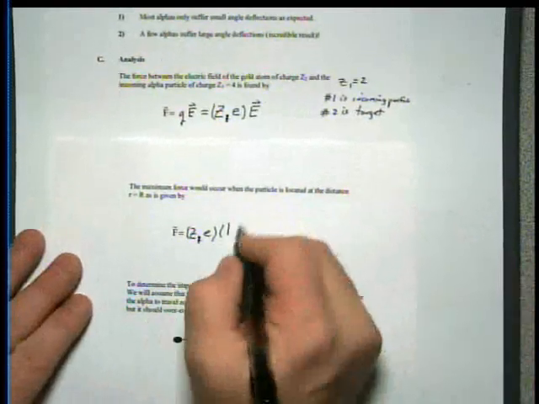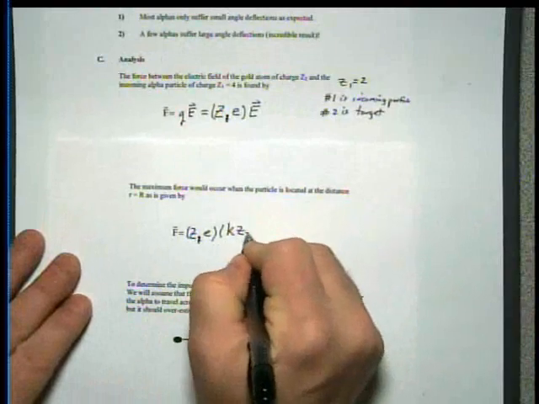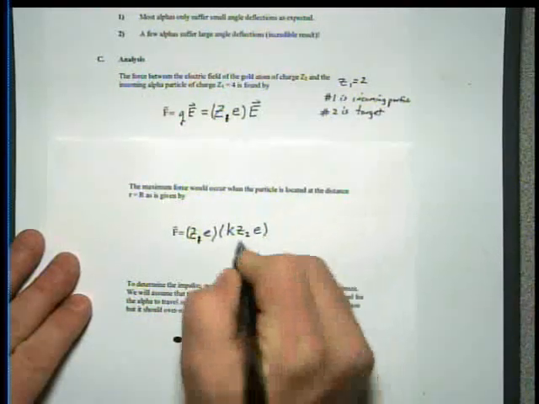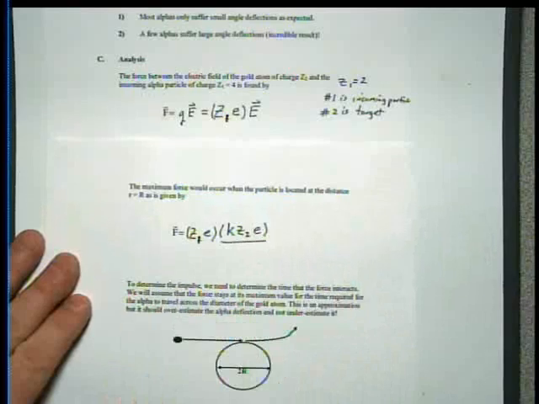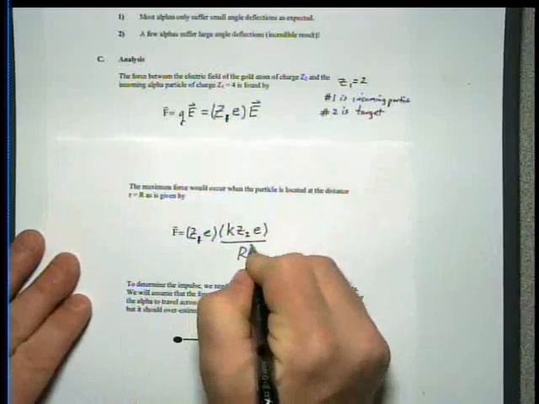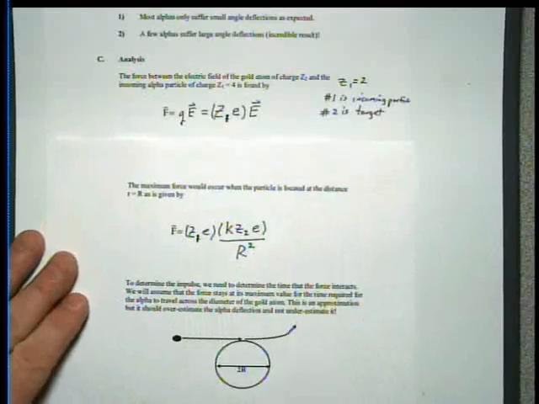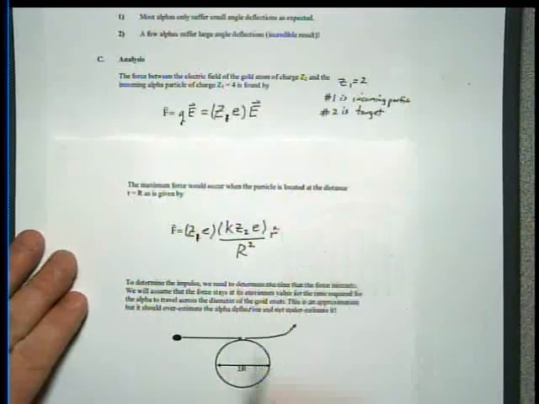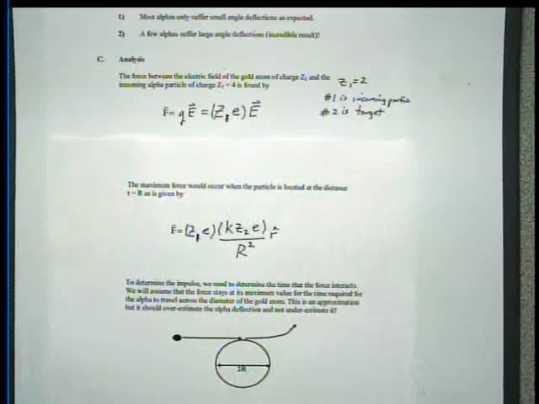So Z1E, K, Z2E, over the radius of the atom squared, times R hat. Assuming that I did all my things right. Now, there's some things you might want to do with this.